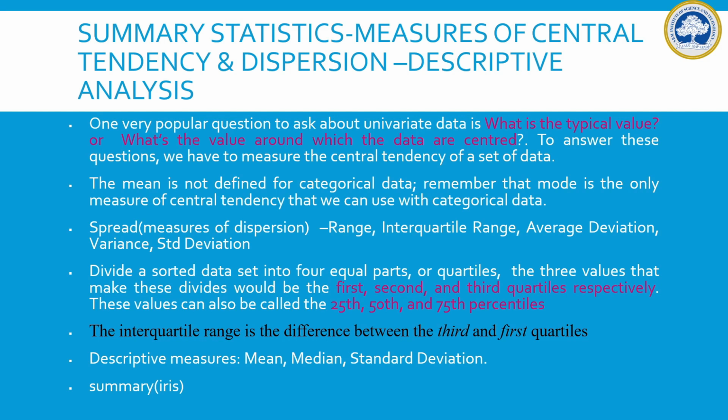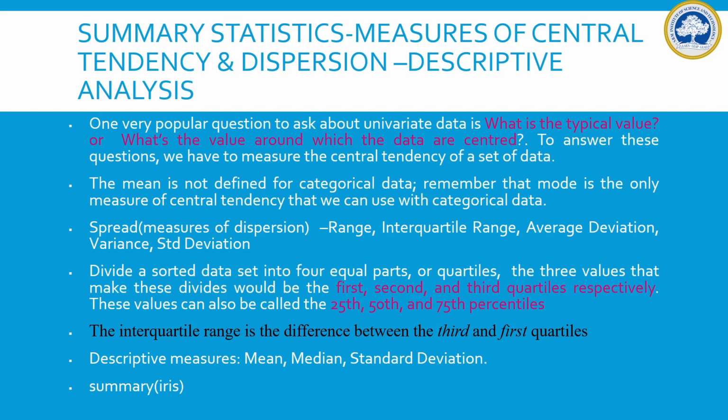After sorting the data in ascending order, the first 25 percent of the data values are bounded by the 25th percentile or first quartile, the second part by the 50th percentile or second quartile, and the third part by the third quartile or 75th percentile.